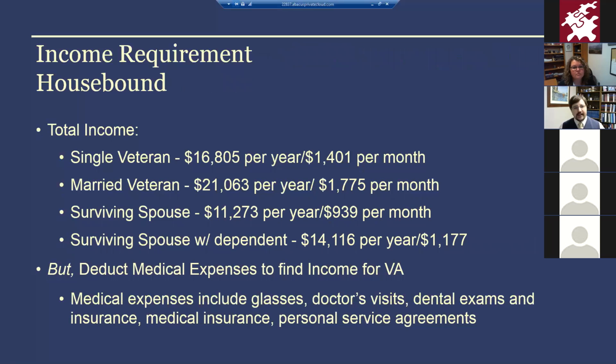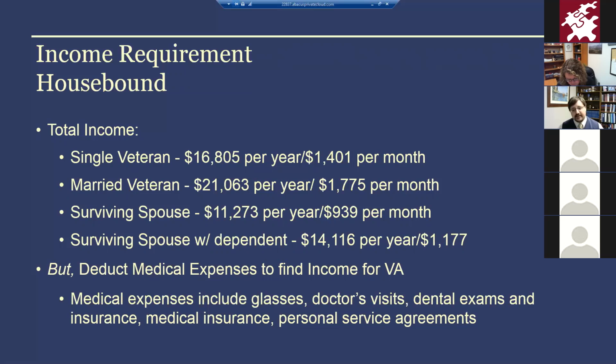So moving on, housebound, there's an income requirement for housebound because the idea is that there's probably more medical expenses for this individual because, well, again, there's a higher disability requirement that we'll talk about here in a minute. You can see that the total income amounts go up. Again, we figure out what the veteran's income is.